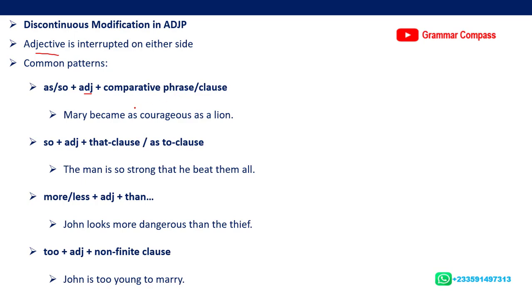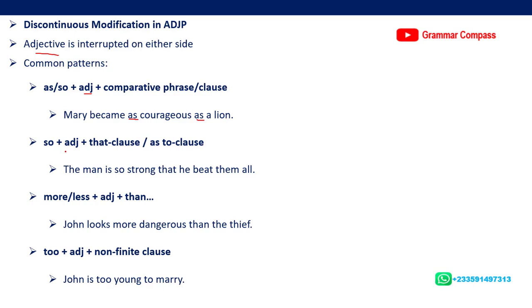So for example, Mary became as courageous as a lion. Here the word as surrounds the adjective, that is courageous, forming a comparison. So the adjective is interrupted by the comparative phrase as a lion.